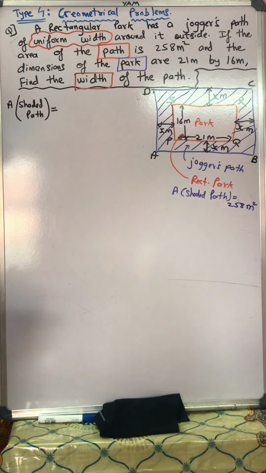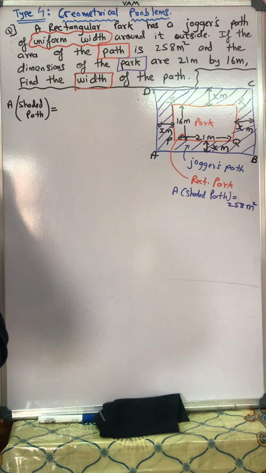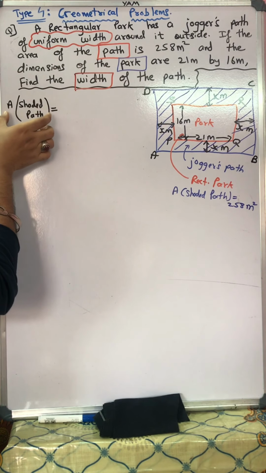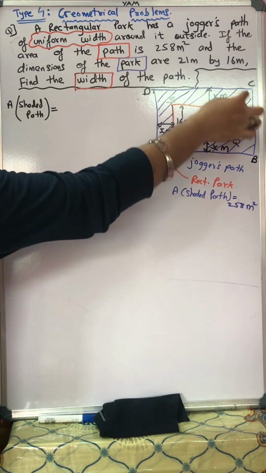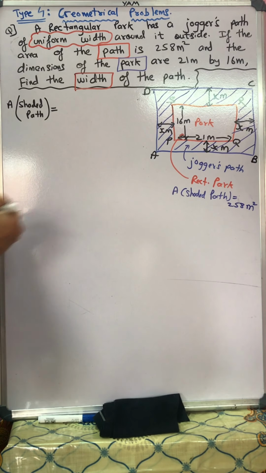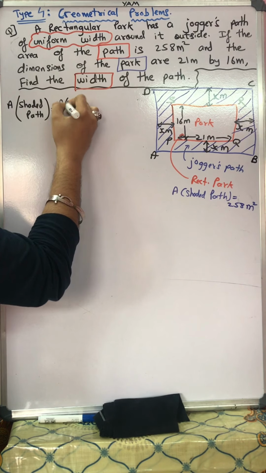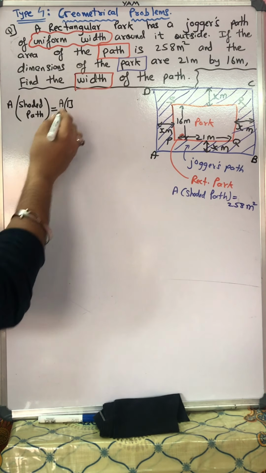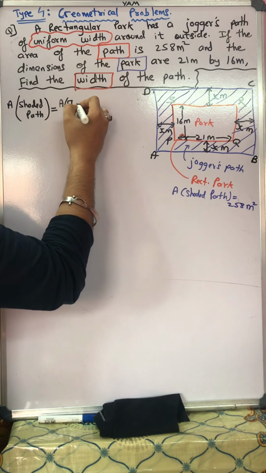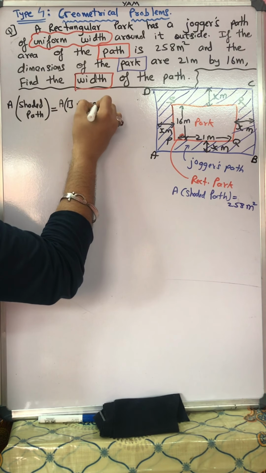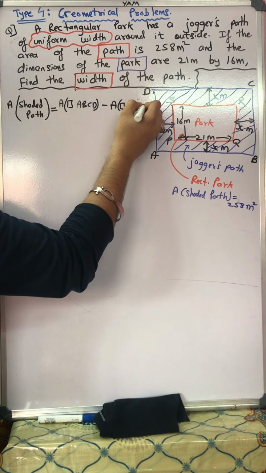Now students, you all give me the answer, please. Can I say the area of the shaded path, this boundary, can be obtained by the area of the bigger rectangle ABCD minus the area of rectangle PQRS?